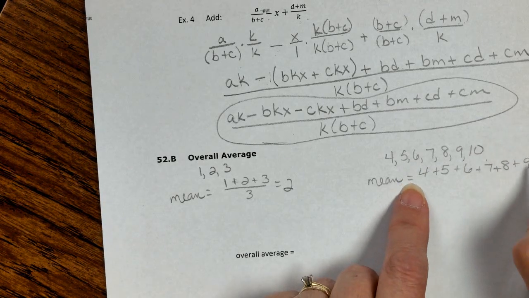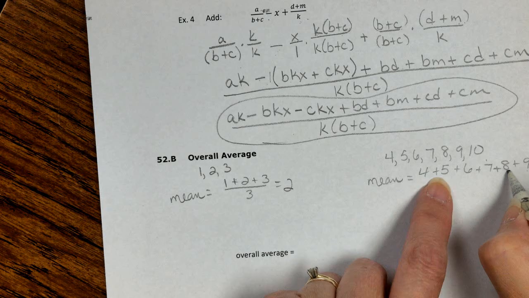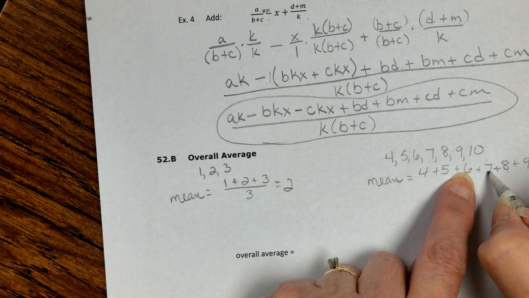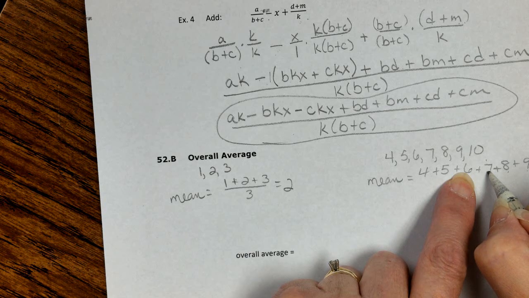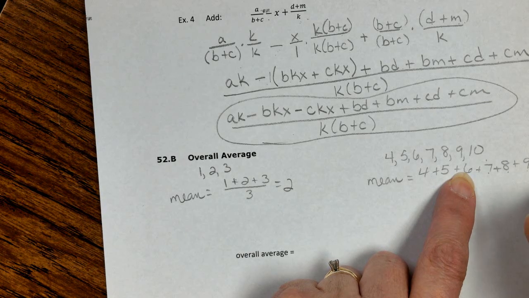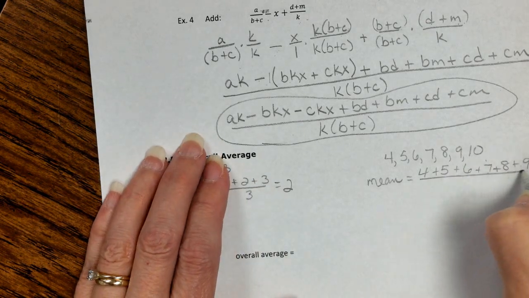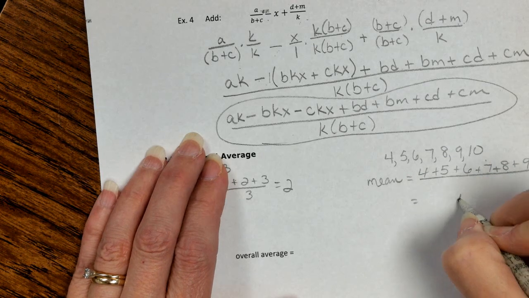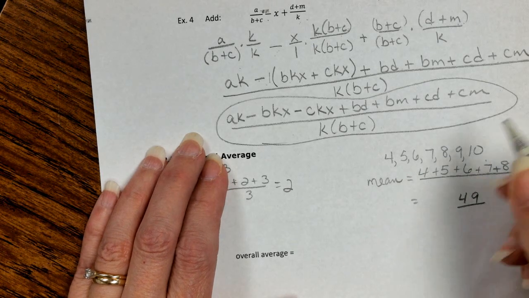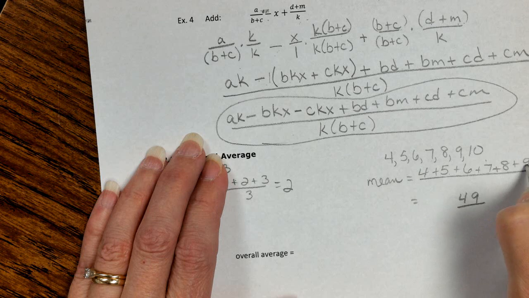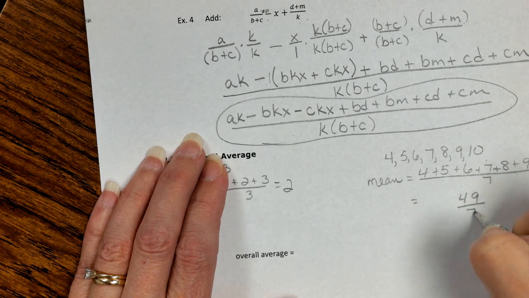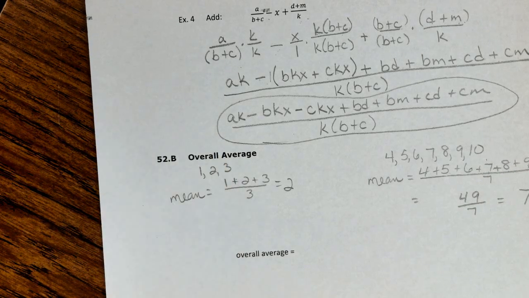Okay, I got them. So we have 13 plus 13 plus 13. 13 times 3 is 39 plus 10. So that's 49 over 1, 2, 3, 4, 5, 6, 7. So the mean of that group is 7.